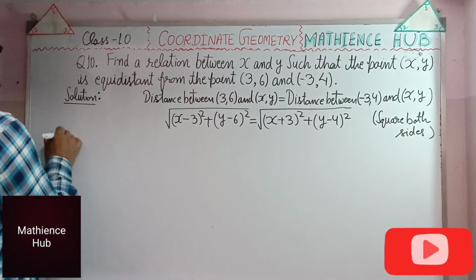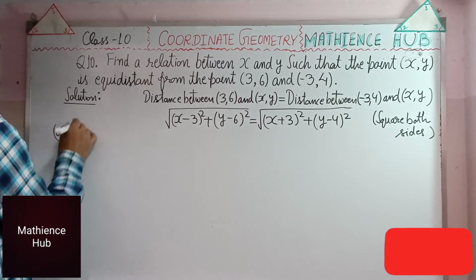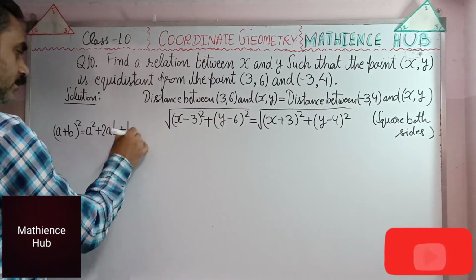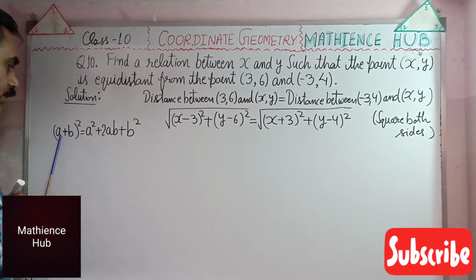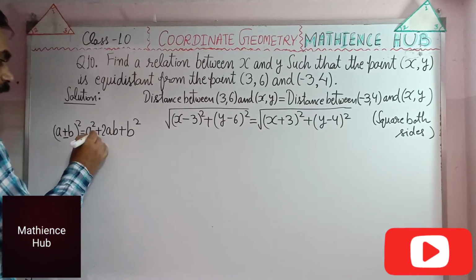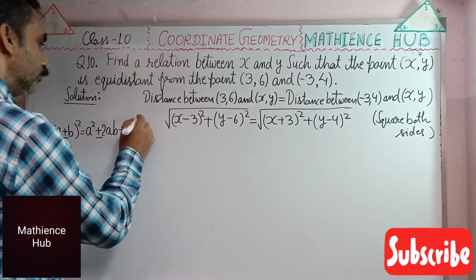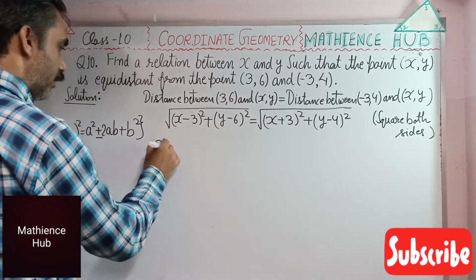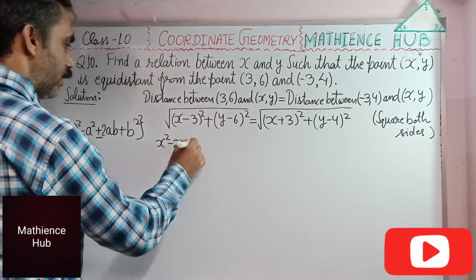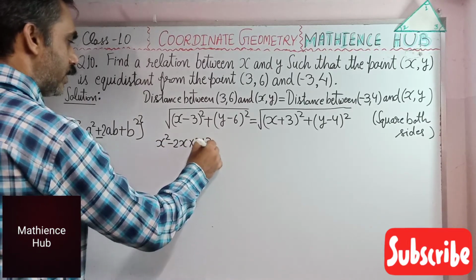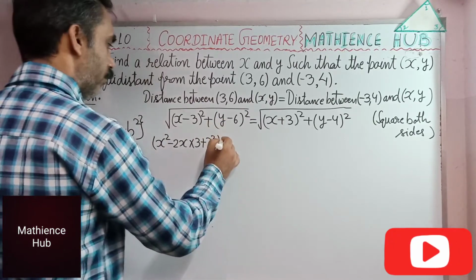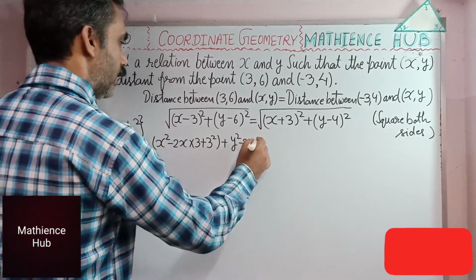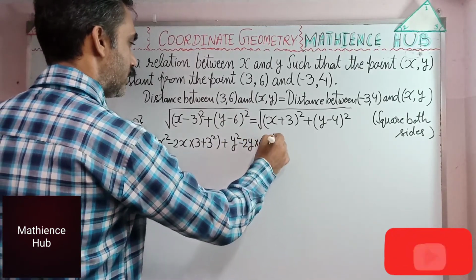Here we write the identity a plus b whole square is a square plus 2ab plus b square, and for minus we write minus. So x square minus 2x multiplied by 3 plus 3 square, plus y square minus 2y multiplied by 6 plus 6 square.